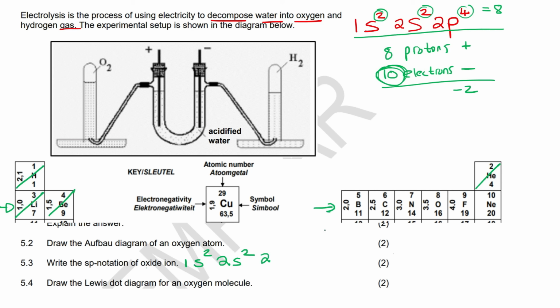But now we are in the P block. Remember, this is the P block. And we block off 1, 2, 3, 4, 5, 6. And that will give us 10. Because 2 plus 2 is 4 plus 6 is 10. So that is what your electron configuration will look like. Or your sp notation of an oxide ion.